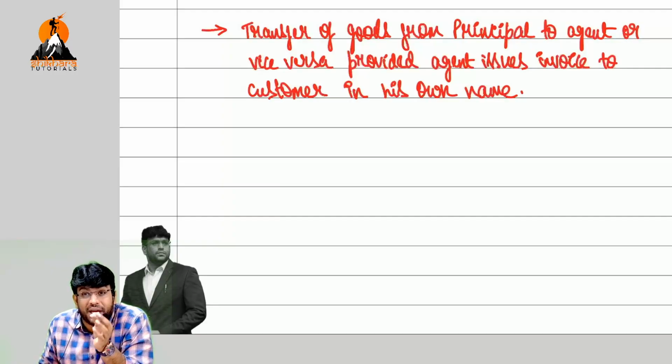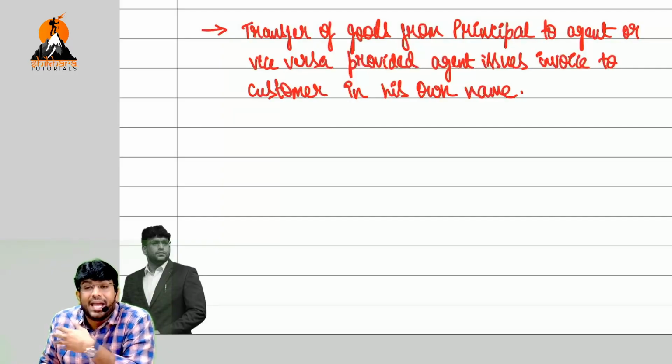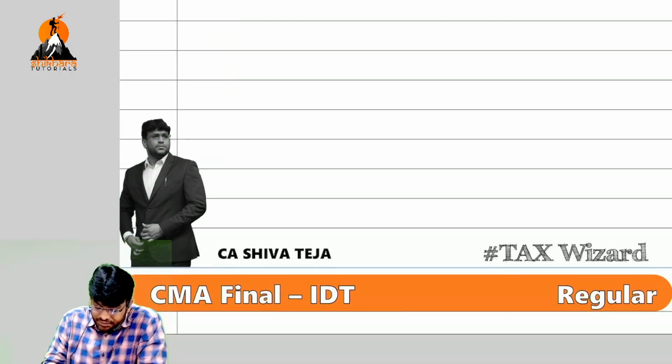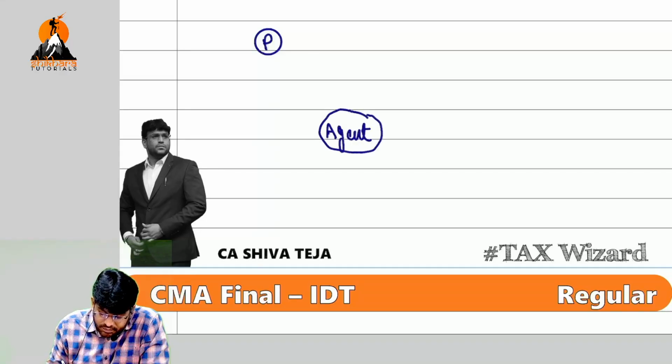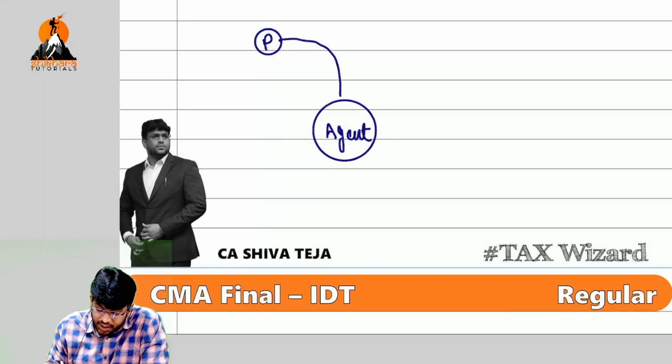Agent issues invoice to the customer in his what name? Own name. So listen very clearly here now. There is a principal, there is an agent. Principal has done stock transfer.